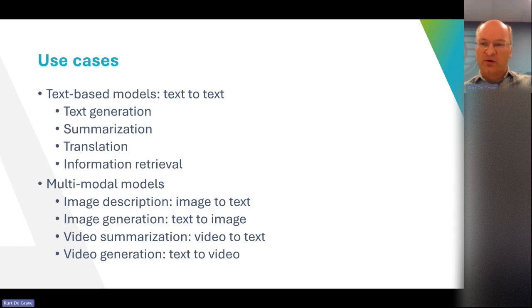A recent trend is towards multimodal models, that is, models that do not only accept text or cannot only produce text. So you can have image descriptions, you can these days create images.